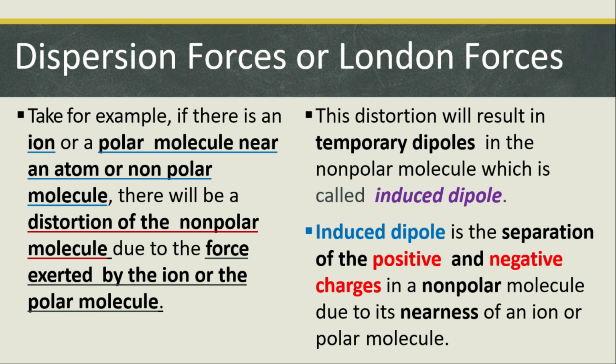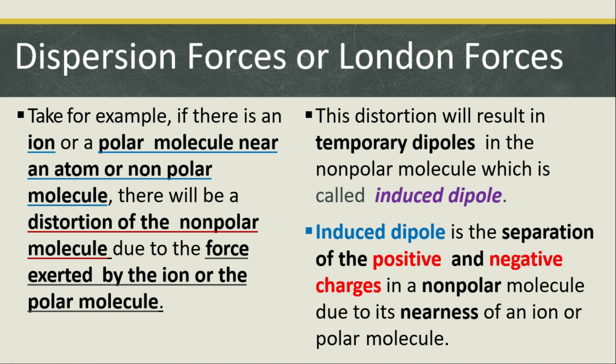So this distortion will result in the temporary dipoles in the nonpolar molecule, which is called the induced dipole. So when we say induced dipole, it is the separation of the charges in a nonpolar molecule due to the nearness of an ion or a polar molecule or a nonpolar molecule.